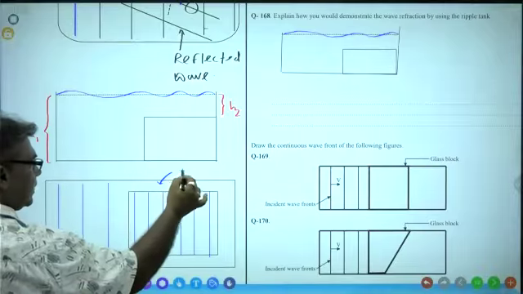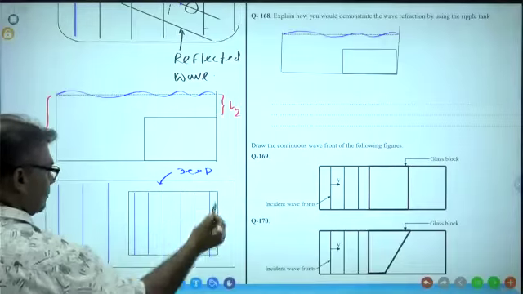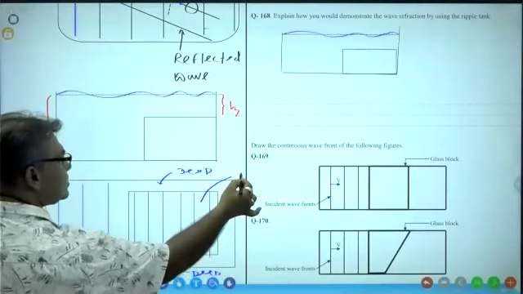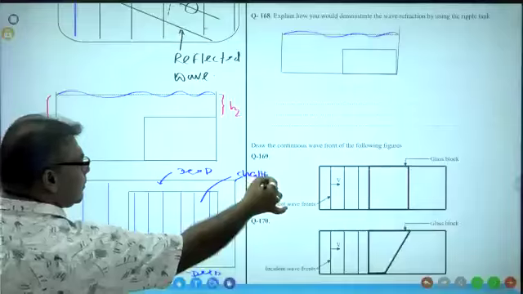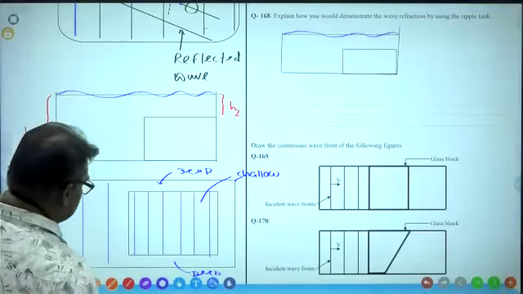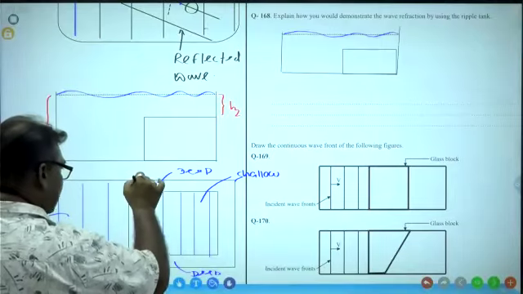Here deep region, here deep region, at here only shallow region, at here deep region, right? Then the wave fronts arrange like this at this region.